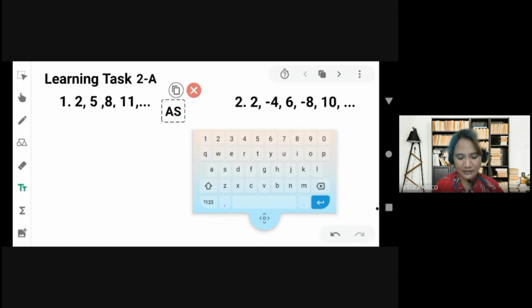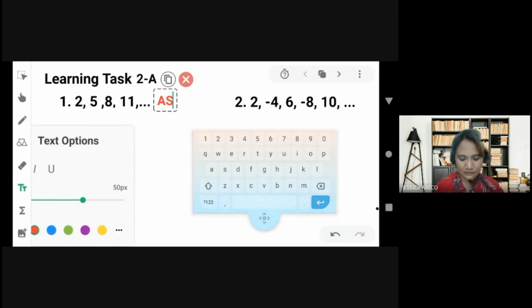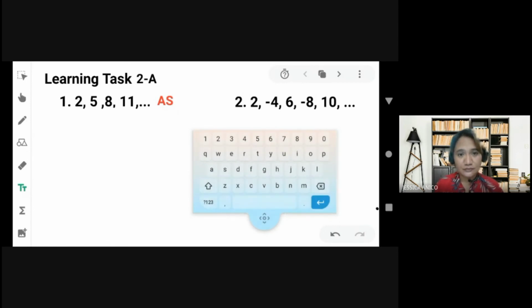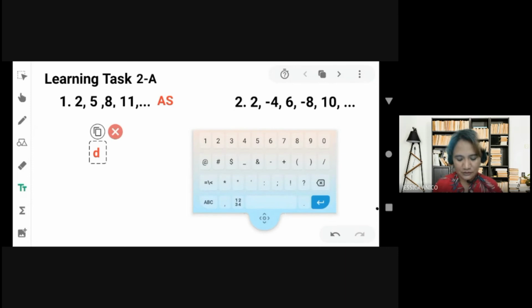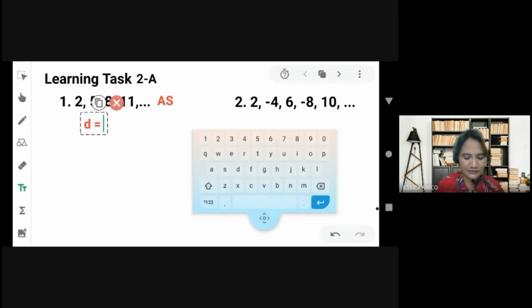This is an arithmetic sequence. What is the common difference? The common difference is we have 3. We need to find the next 3 terms.